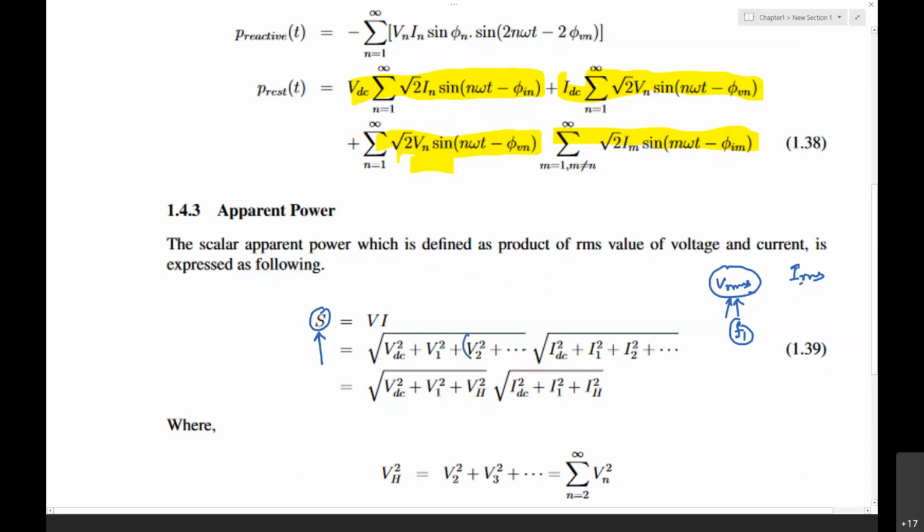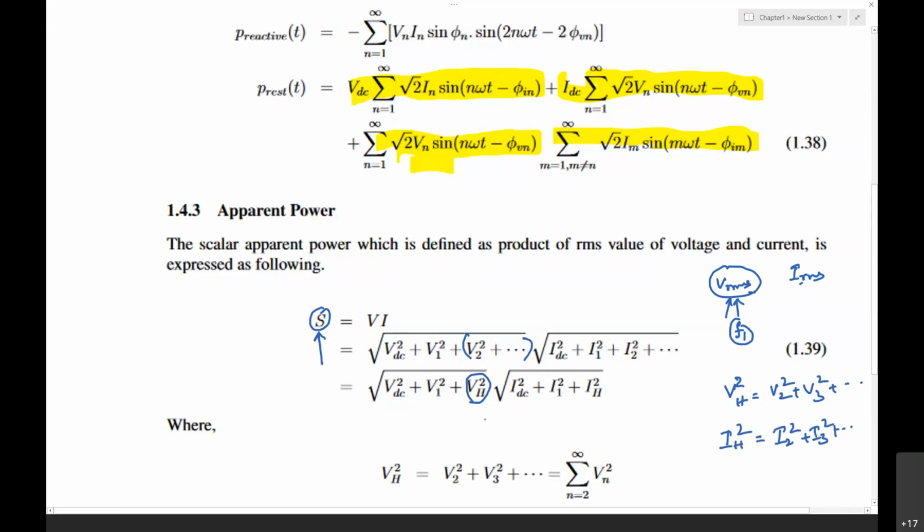And these particular components have been labeled as V square of H, which is equal to V2 square plus V3 square and so on, and IH square is equal to I2 square plus I3 square and so on.